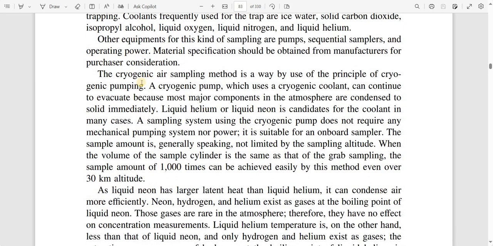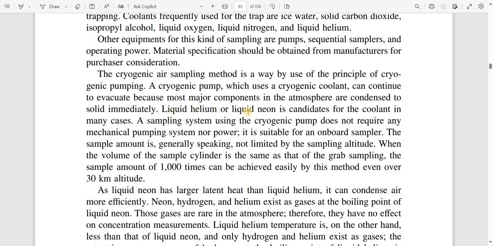The cryogenic sampling method works by use of the principle of a cryogenic pump. A cryogenic pump, which uses a cryogenic coolant, can continue to evacuate because most major components in the atmosphere are condensed to solid immediately.